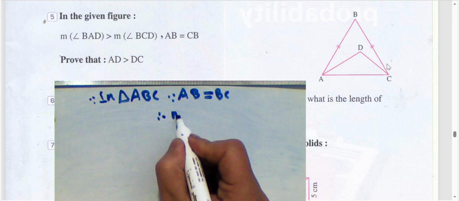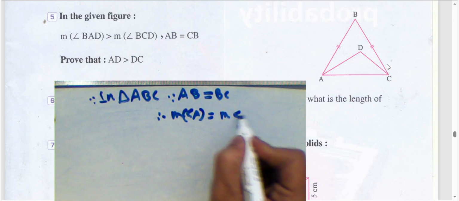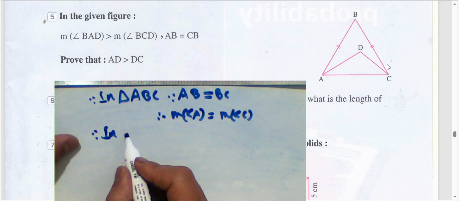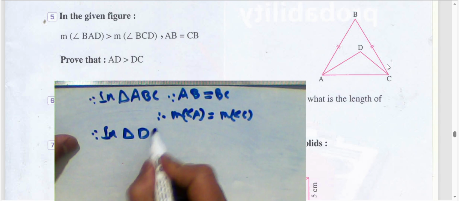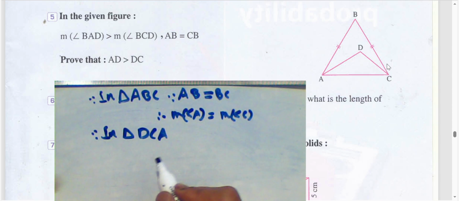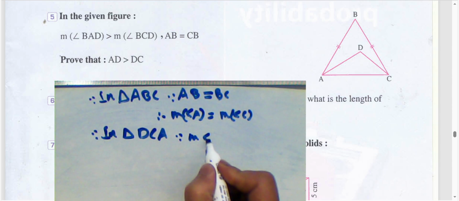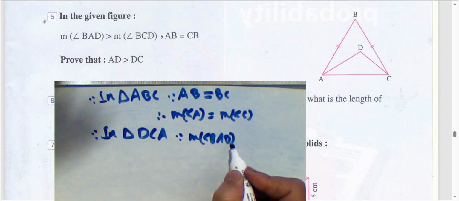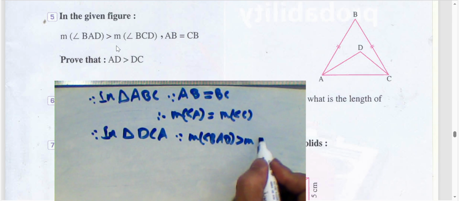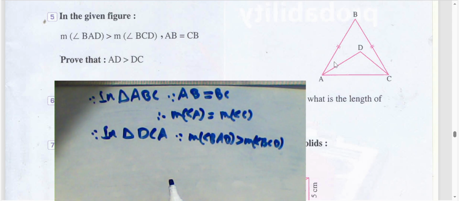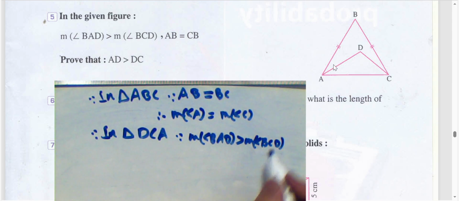The meaning is the measure of angle A will be equal to the measure of angle C. Okay, and then in the other triangle down, in triangle DCA, we have this information: measure of angle BAD is greater than measure of angle BCD. Okay, look here, BAD is greater than this. This is relation number 2.